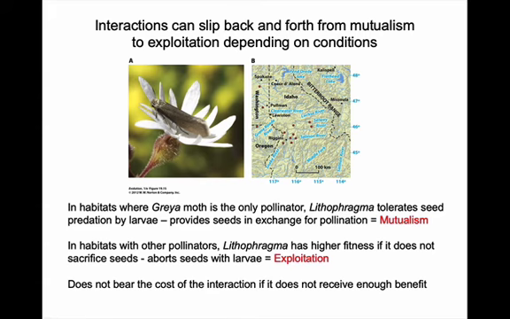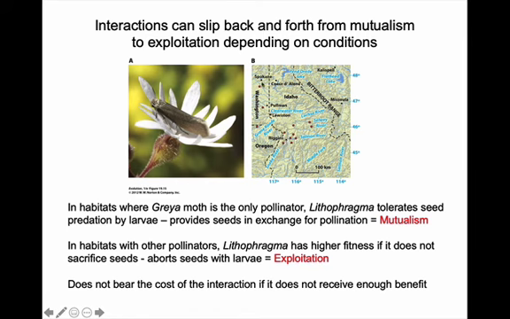Because they are the only pollinators, that's the only way these plants can outcross. So they tolerate predation on their seeds by moth larvae. They, in fact, provide extra seeds for the larvae to eat, and they get that in exchange for pollination services. So at high elevation sites where you have the red dots, that's a mutualism.